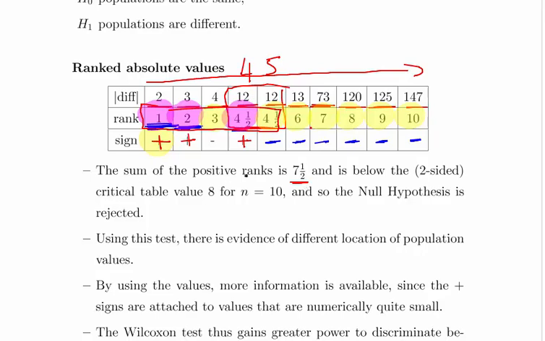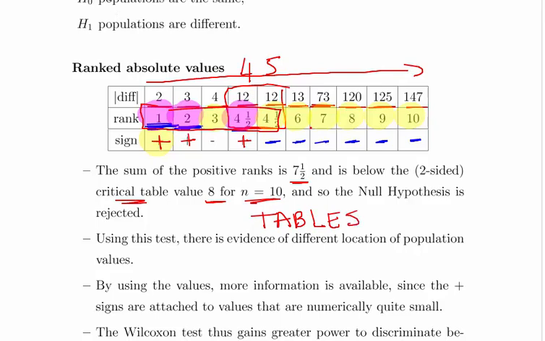So the sum of the positive ranks is 7.5, and that is below the two-sided critical value of 8 for a sample size of 10, so the null hypothesis is rejected. I'll show you where that is shortly; this is from the tables.